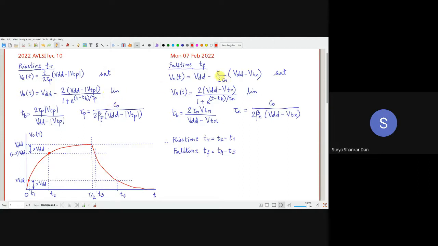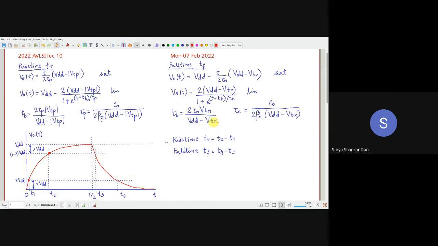And fall time TF refers to all the NMOSFET terms, that means tau N and VTN. Therefore, we are referring to the NMOSFET over here, because the NMOSFET, a pull down transistor, is the reason for the reduction of the output voltage from VDD to the ground. That part is clear from our previous lectures.